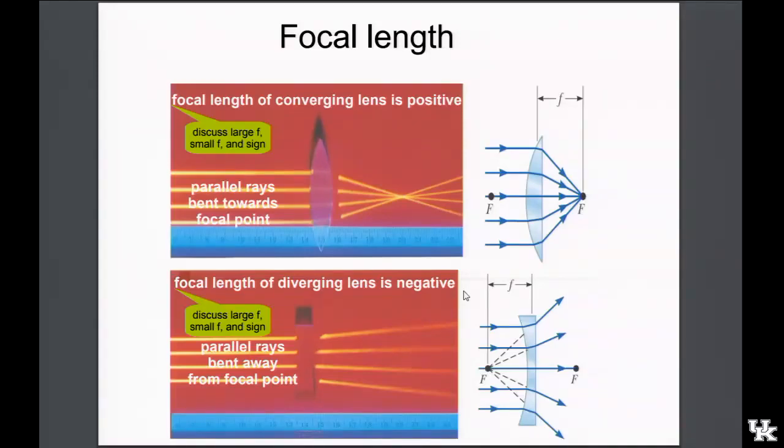Over here downstairs, we see parallel light rays, again real parallel light rays. It's a little hard to see, but they're hitting a diverging lens. It's thinner in the middle, thicker upstairs here, thicker downstairs here. You see these rays are being bent away from the optical axis. You could imagine them coming from some common point back here.